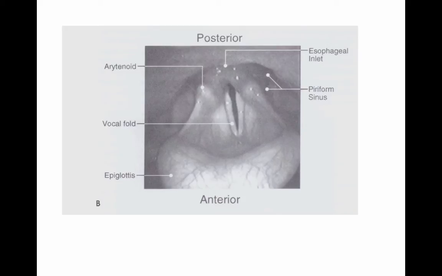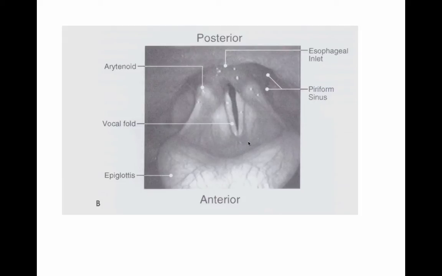Now, if we take a moment and look next to the vocal folds, you're going to be able to see these pads of tissue here, and we often think that this is just part of the vocal folds. That's what naive viewers might think looking at this, that this area here is flat. But it's not.